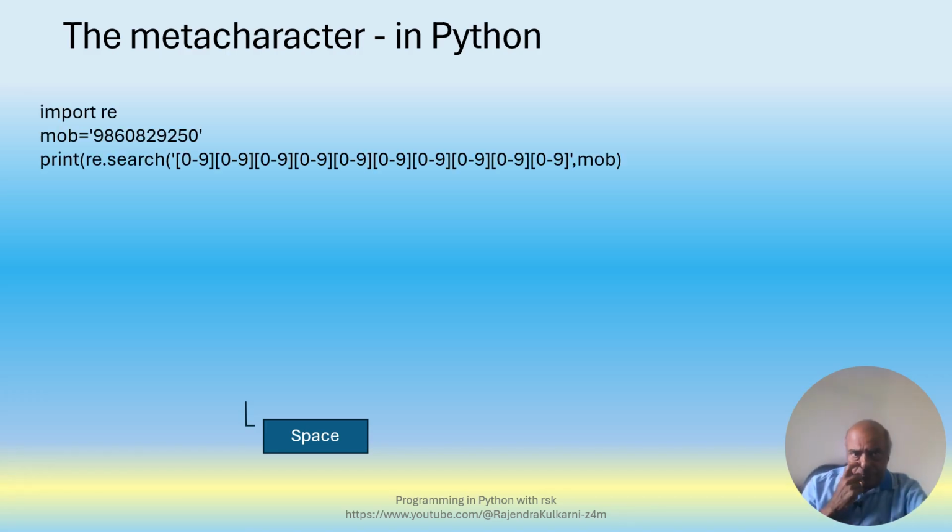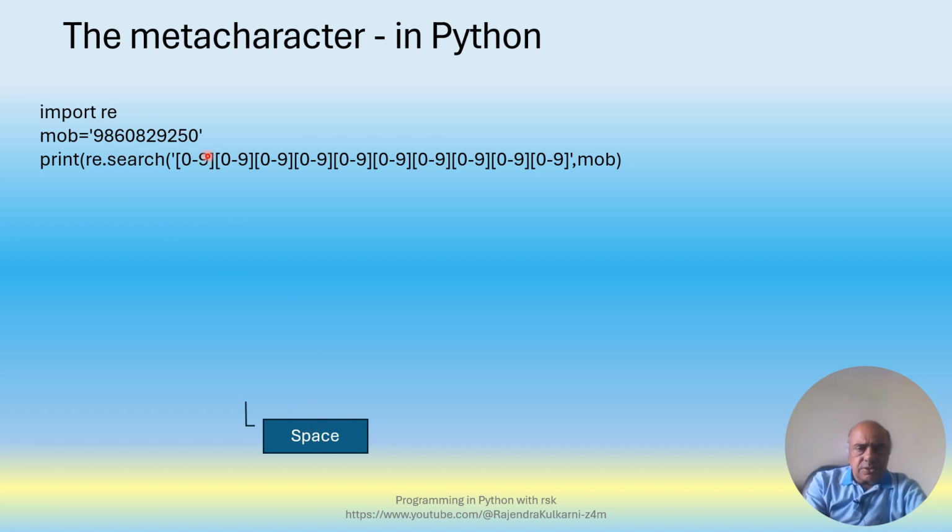Another example: import re, mob is 98608 and so on. Then print re.search, and we are trying to match all the 10 characters in mob, whether they are digits lying between 0 to 9 individually.